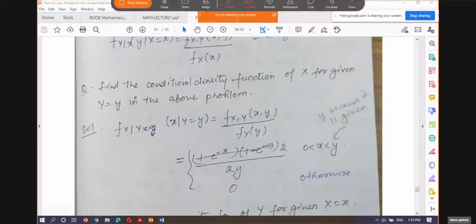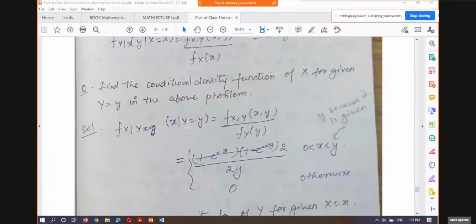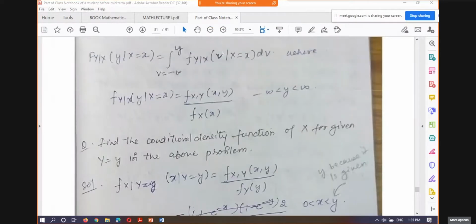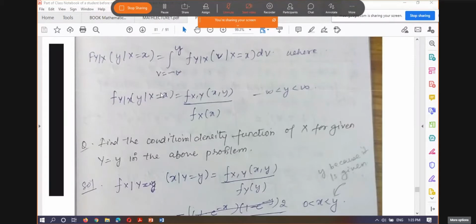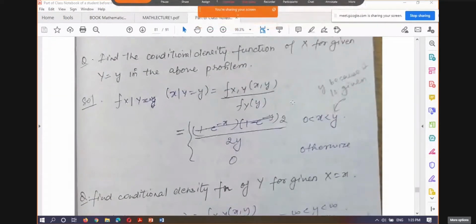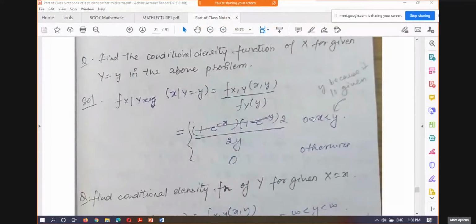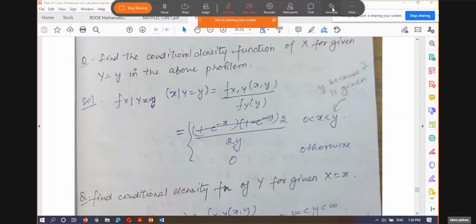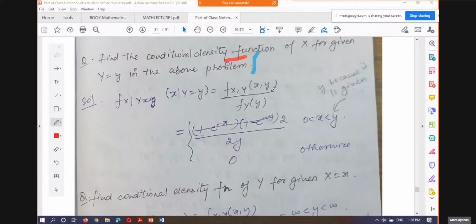We have already solved one example, and in that example, if you remember, this is the problem.